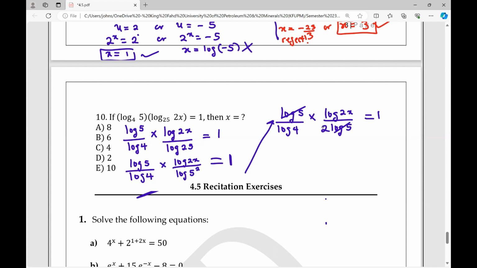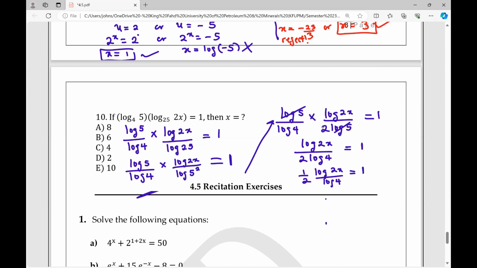So this is just going to be log 2x over, remember there is a 2 here. Now for these, we can multiply here, so this is just 2 log 4, and this equals 1. Now everything here I can write as half log 2x over log 4 equals 1.